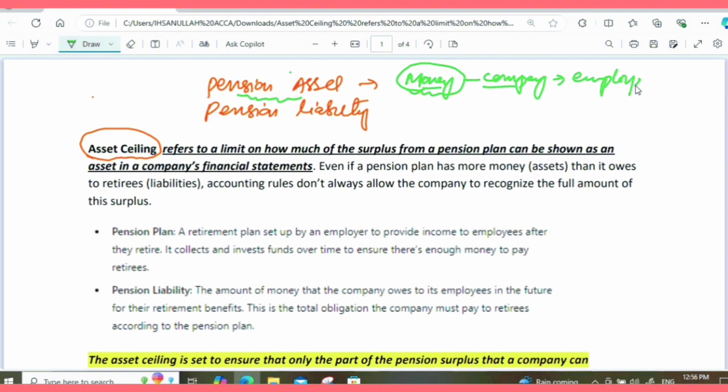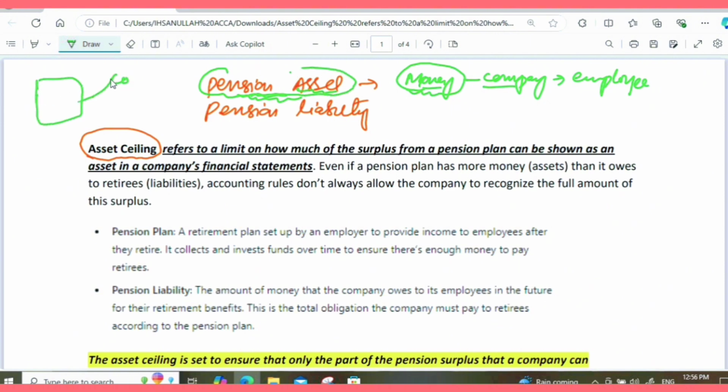When the employee retires, the company pays from this pension asset to that particular employee. So we call that a pension asset.